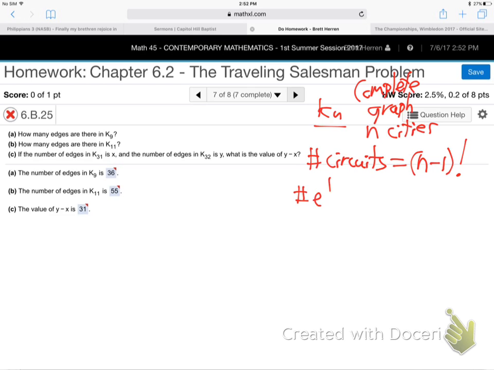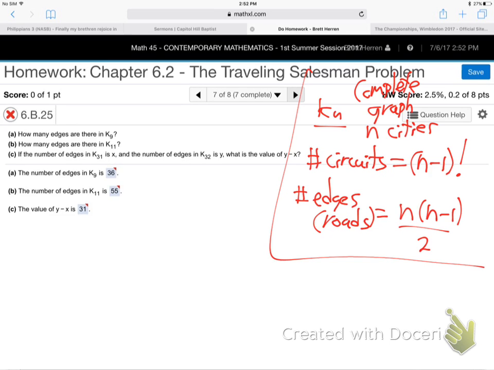The number of edges or roads is a little different. It's n times n minus 1 over 2. So there's the two formulas. Put those on your 3x5 card, along with the other formula.